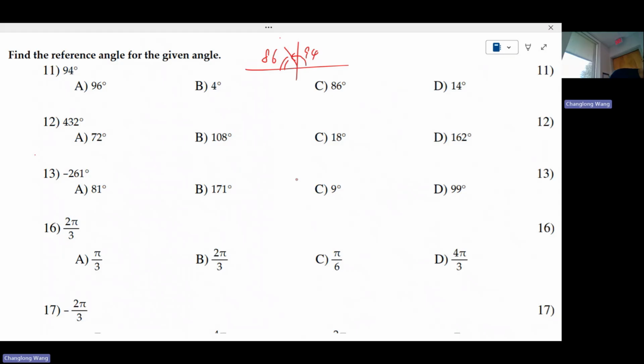So the way to make it a bit smaller is to subtract 180. Of course, you're going to get negative 86. But the correct answer is 86. Is there a way you can convince yourself that you could have just taken negative 86, lost the negative sign, and kept 86?